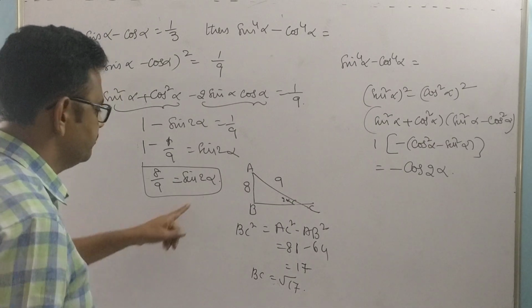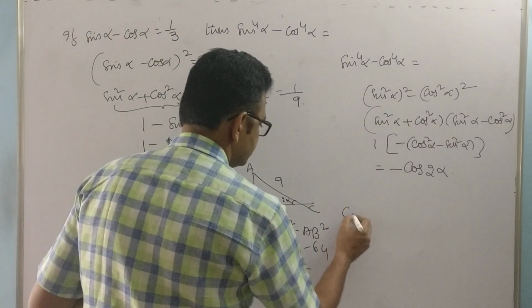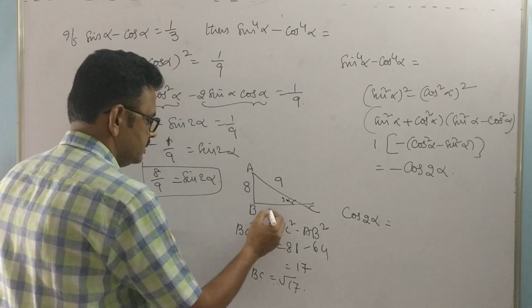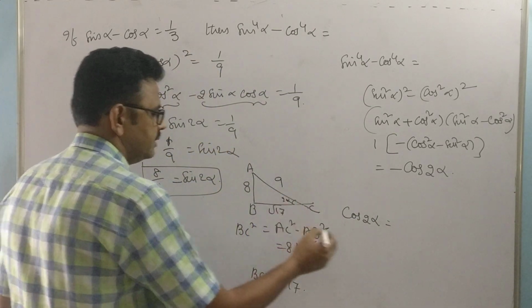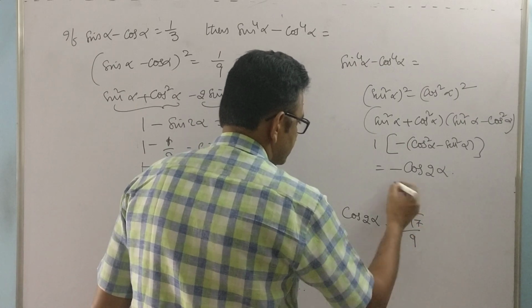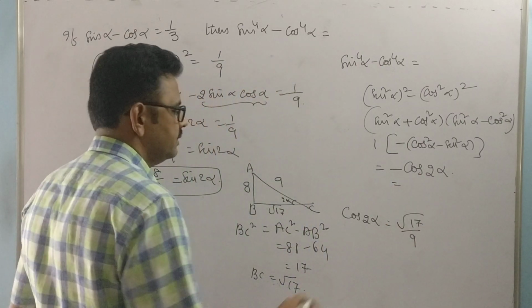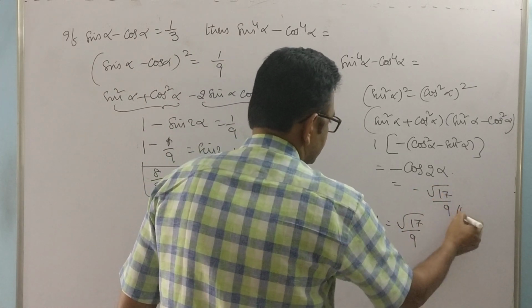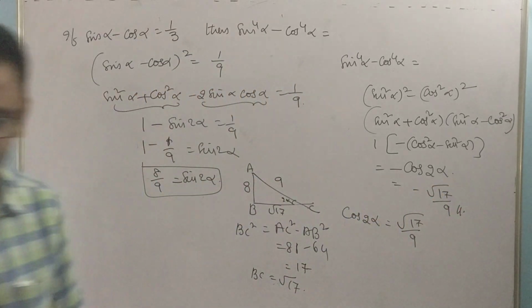Now therefore cos 2 alpha is equal to root 17 by 9. So minus cos 2 alpha means the value is minus root 17 by 9. That is the answer.